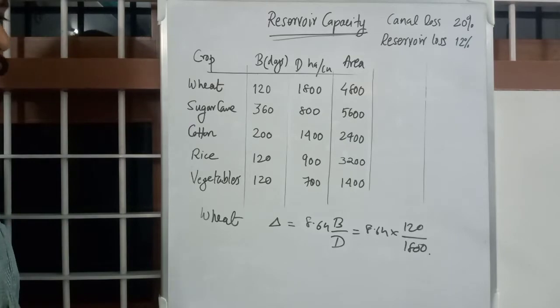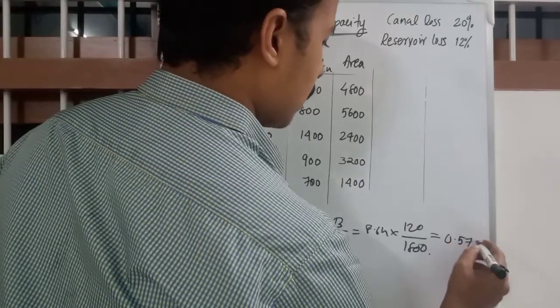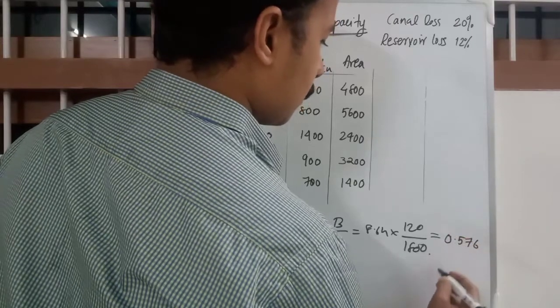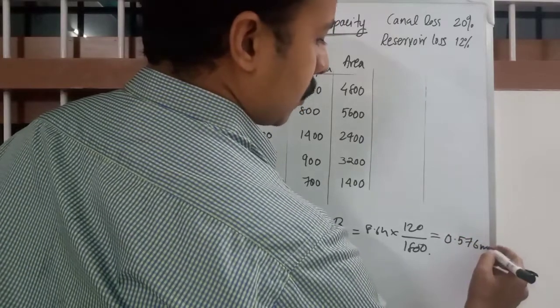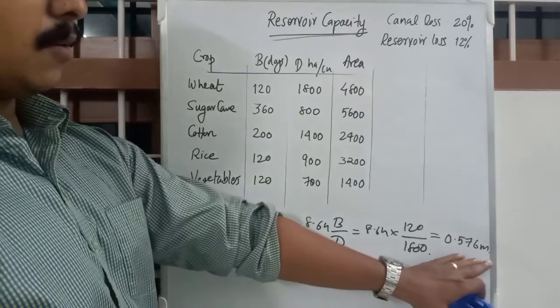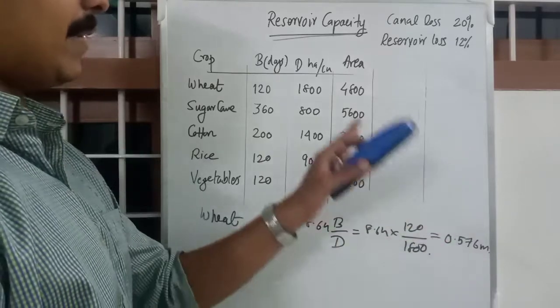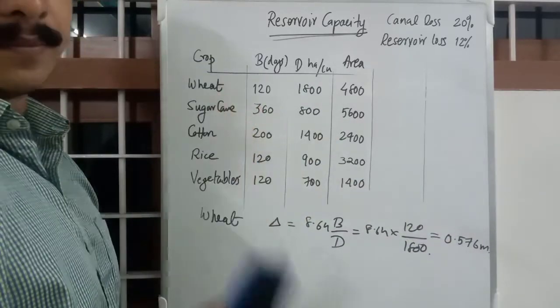That is 0.576 meters. So by a depth of 0.576 meters you can cultivate wheat.